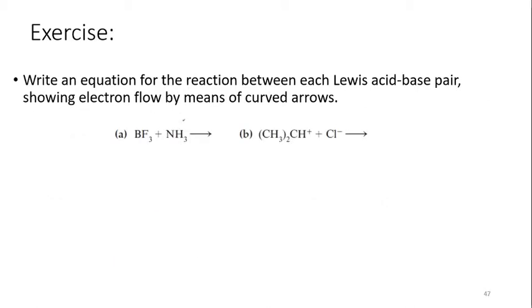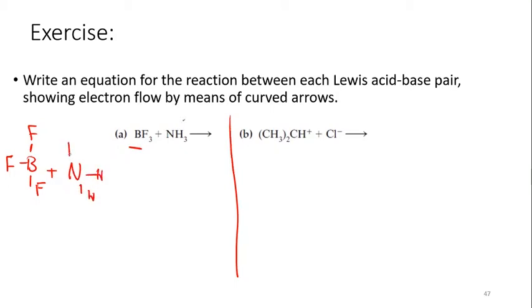Now moving to this last exercise. Write an equation for the reaction between each Lewis acid-base pair, showing electron flow by means of curved arrows. So my first reaction in that case, boron trifluoride, so I just have to draw the bonds, plus NH3.